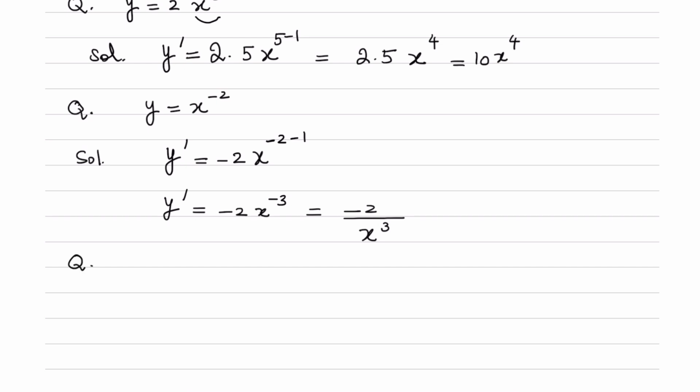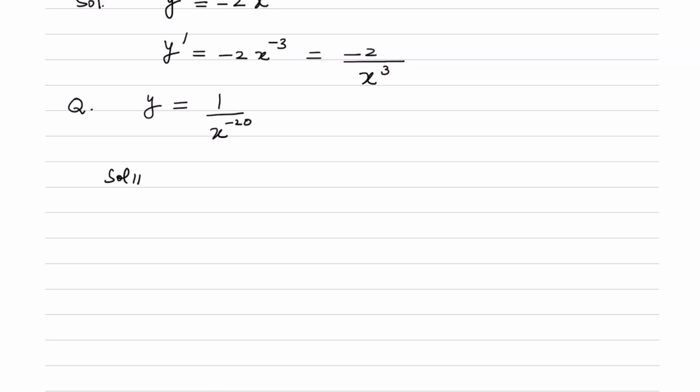Let's solve this question where you have an expression y is equal to 1 over x to power minus 20. Now we know that if the expression y is given in the form of something by something, like a fractional expression, we can apply the quotient rule. But in this case, we don't need to apply the quotient rule.